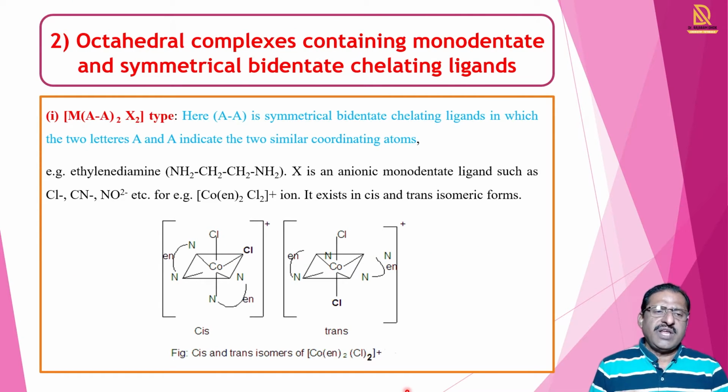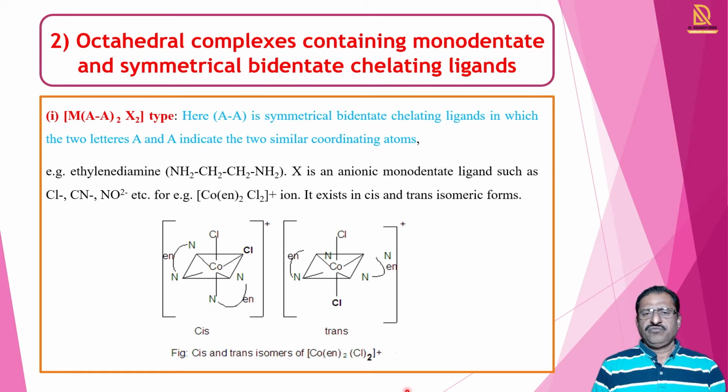Now we see the second type of octahedral complexes, that is octahedral complexes containing monodentate and symmetrical bidentate ligands. In a symmetrical bidentate ligand, we can show AA, which means the same type of atom is attached with each other, and that is noted by AA.